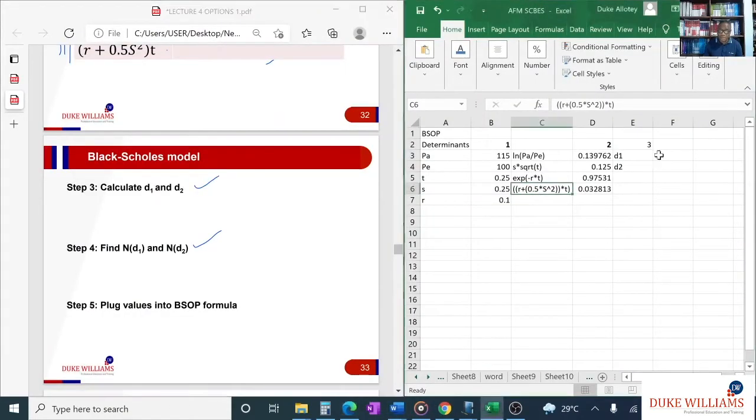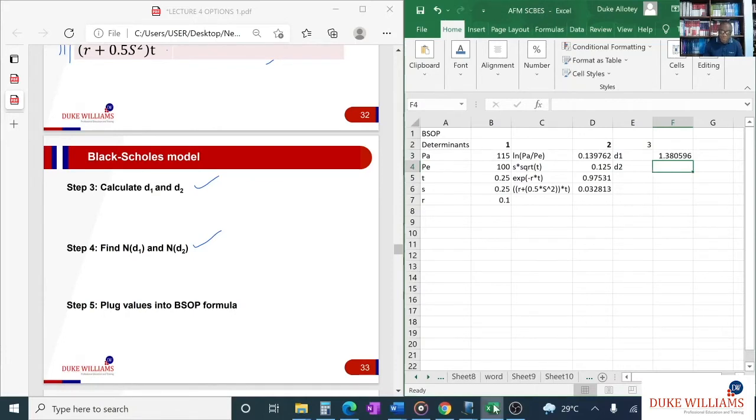So D1 will simply be equal to natural log of this, add on this value I've worked out here, and then divide the whole lot by S root T, which is this figure, and that should give me this. So I have 1.3801 or whatever figure you want on that.